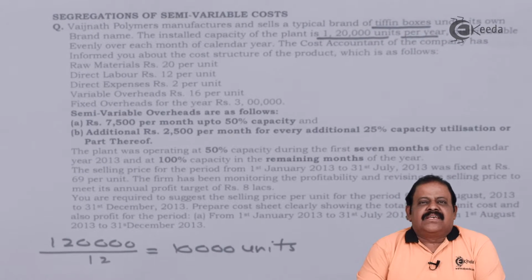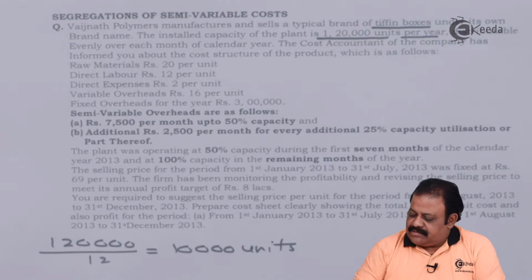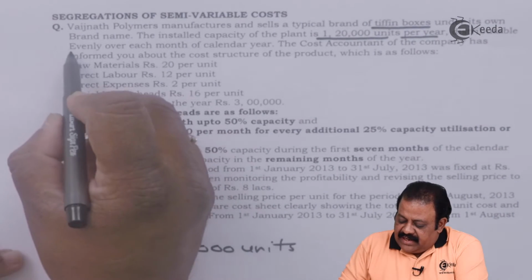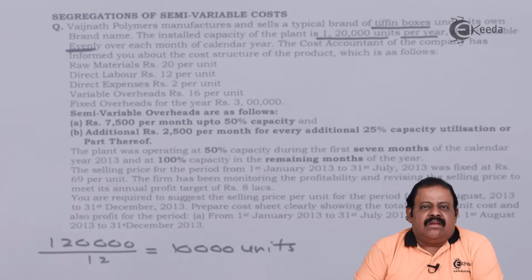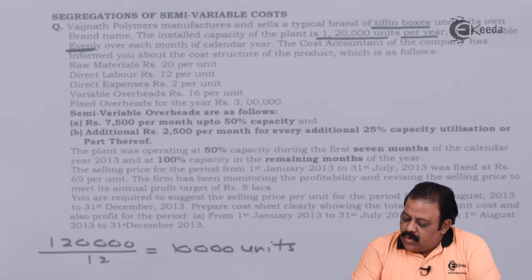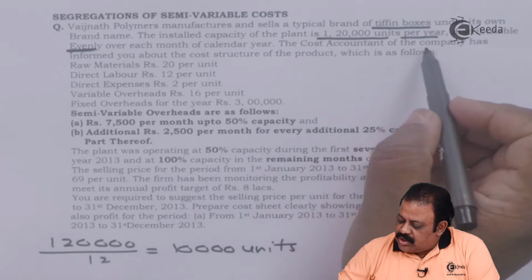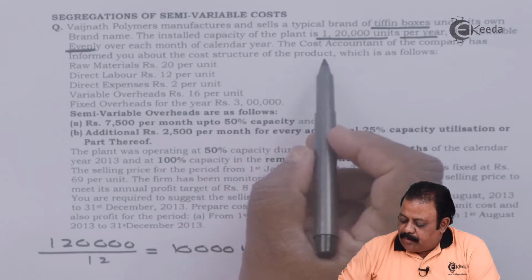Per annum capacity is 1,20,000 units divided by 12, so per month installed capacity is 10,000 units, distributable evenly. The word evenly means it is the same, equal for every month over each month of the calendar year. The cost accountant of the company has informed you about the cost structure of the product.